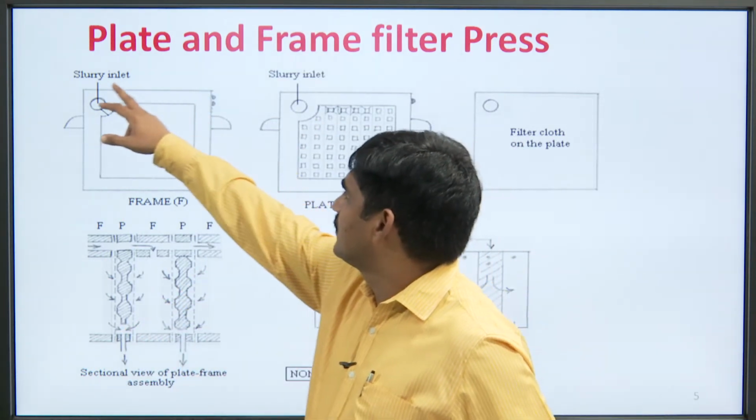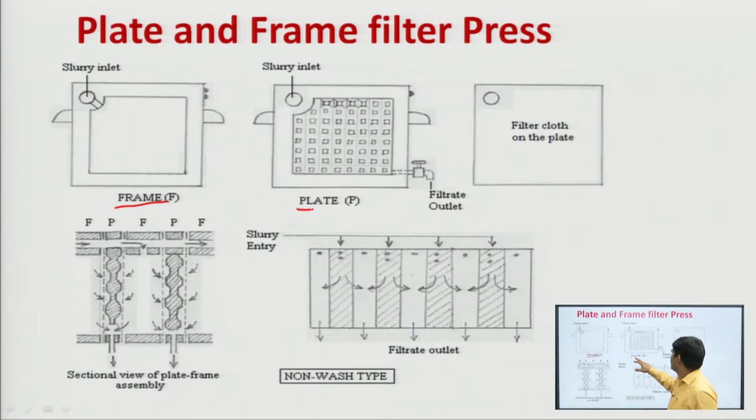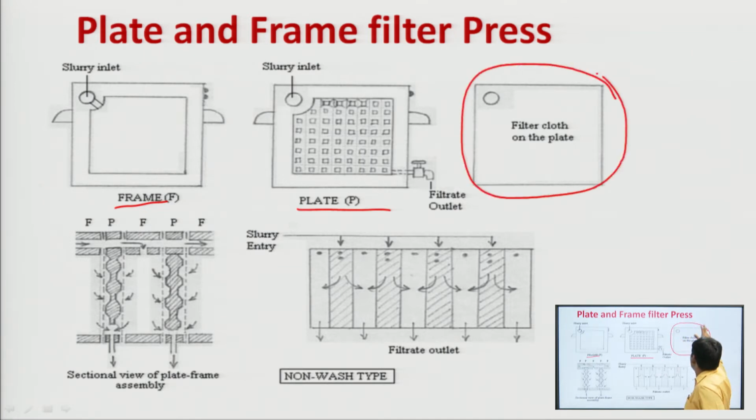This is a diagram of frame, this is plate, and this is the filter cloth which is used upon the surface of the filter plate. All the three have a hole in the top corner on one side.